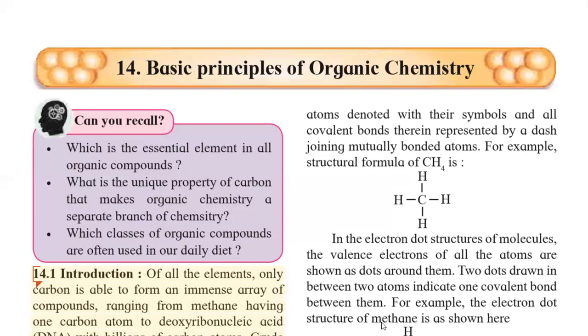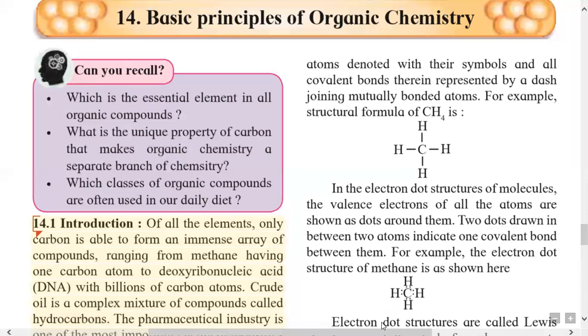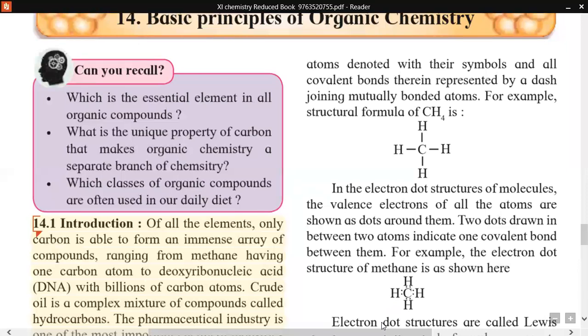Then, which classes of organic compounds are often used in our daily diet? I think you know the answer very well. Food materials like carbohydrates, proteins, fats, vitamins are all organic compounds, and we use them in our daily diet.